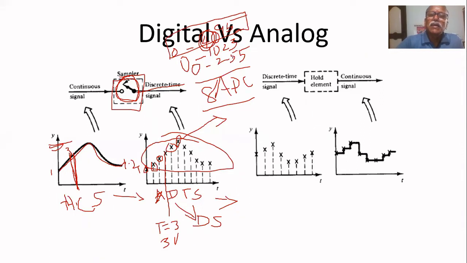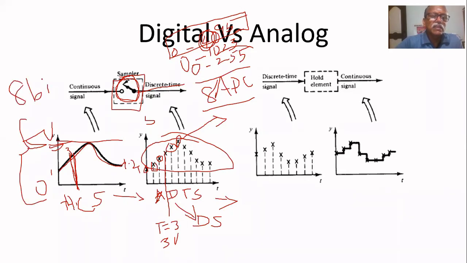So it depends upon the maximum. Suppose the signal maximum value is 5 volt and the minimum value is 0. This is converted by using an 8-bit ADC. Then in this case, 255 represents 5 volt.